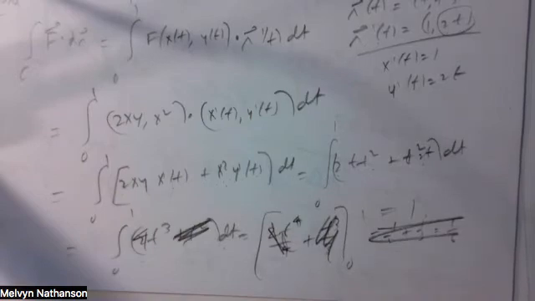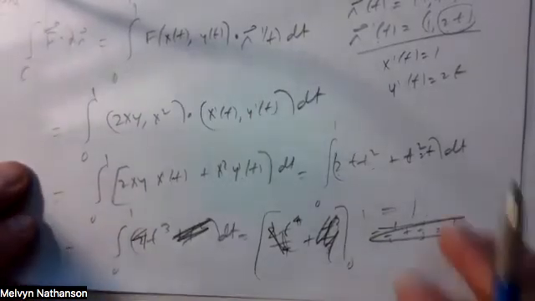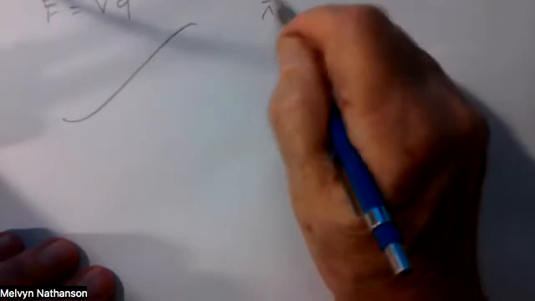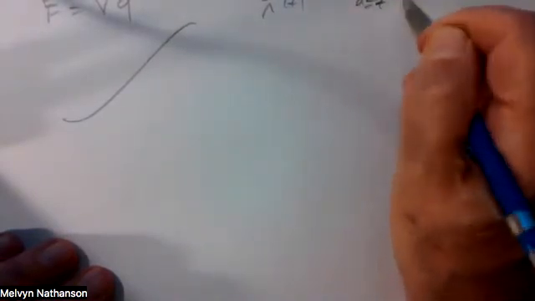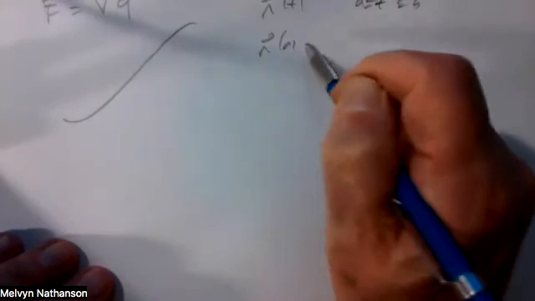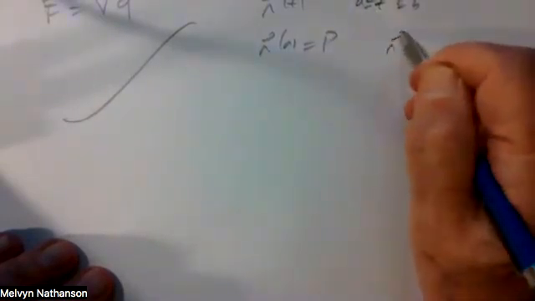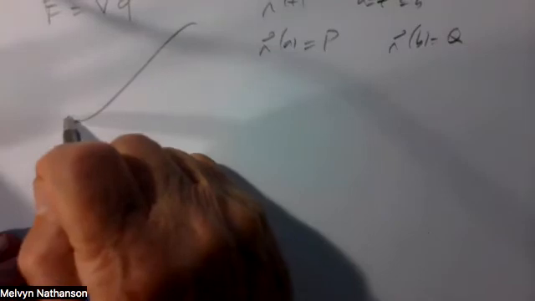This is a nice example of the theorem that a line integral of a conservative vector field only depends on the initial and the end points of the curve. So the general fact is that if we have f, a conservative vector field, so it's the gradient of phi, and you have r of t, t goes from a to b, where r of a, the starting point, is some point p, and r of b is the ending point q.